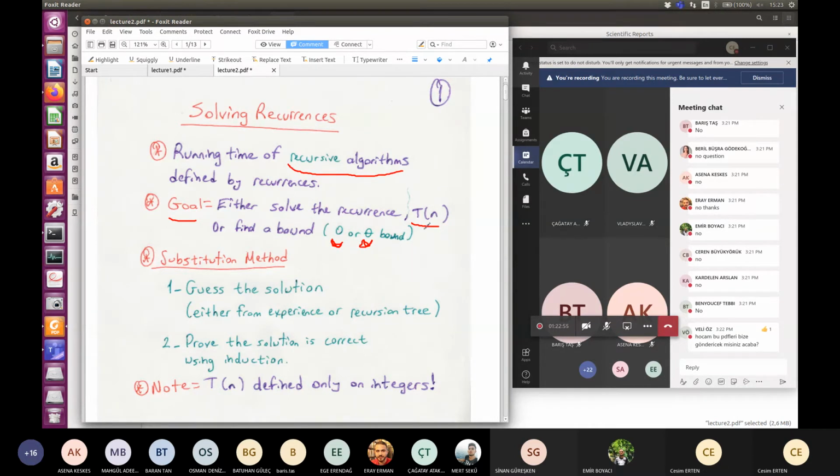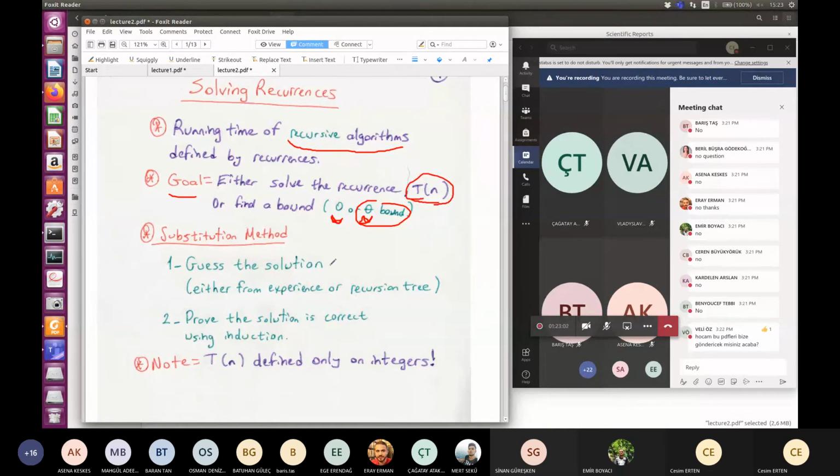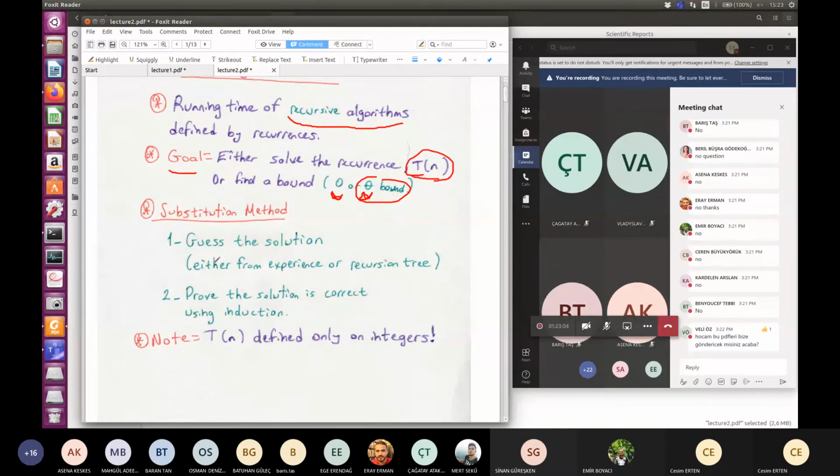Now, how to do this? How to find out, let's say, a theta bound for a recurrence relation T(n). As we have mentioned before, one way is to use the recursion tree, or another thing that we could do is from experience, maybe we have seen some recurrences similar to the one that we are working on currently.